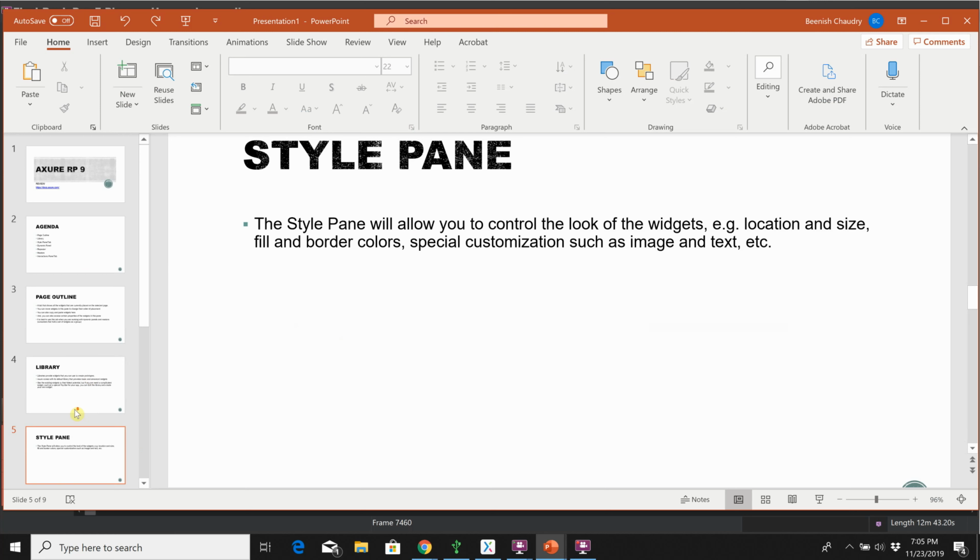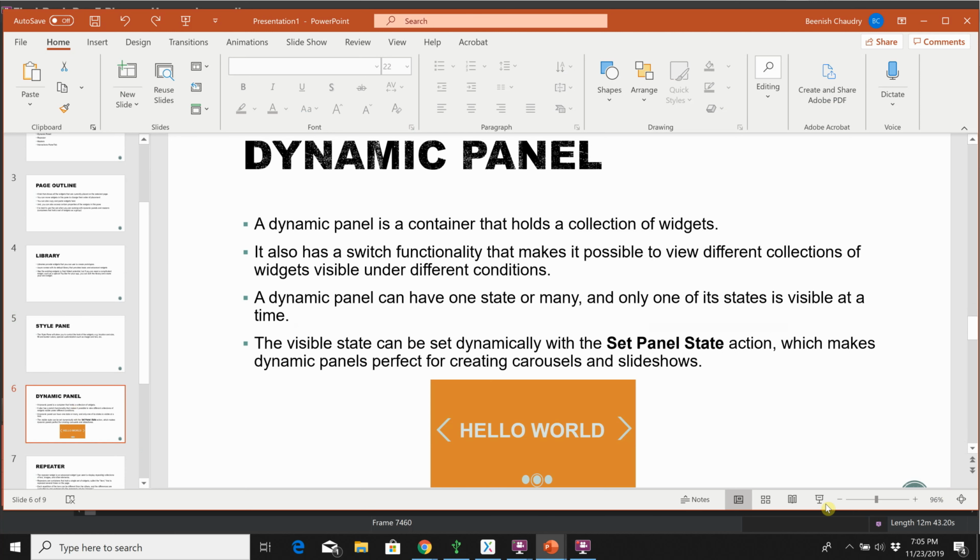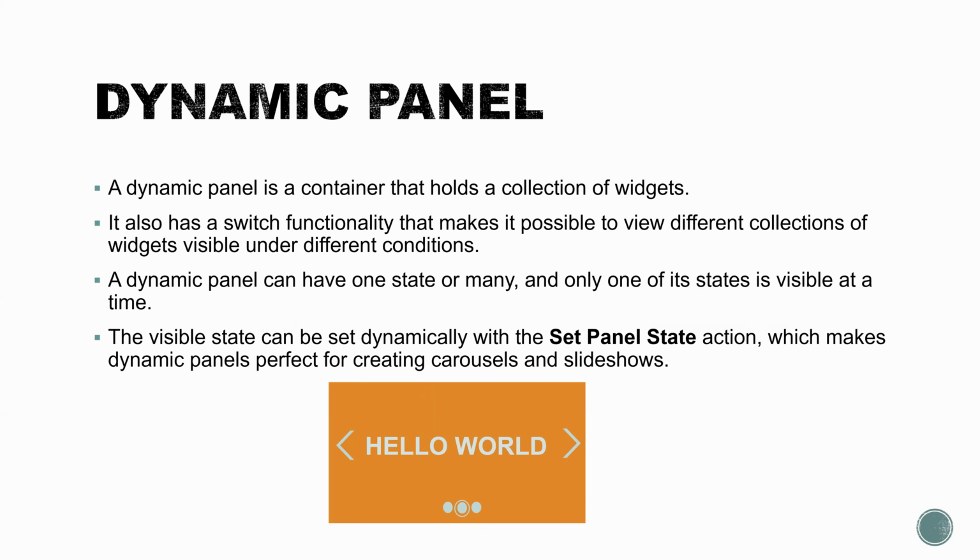Next is the dynamic panel. A dynamic panel is a slightly different kind of widget. All the widgets that we used so far were single widgets, right? A dynamic panel is actually a container that can hold more than one widget at one time.